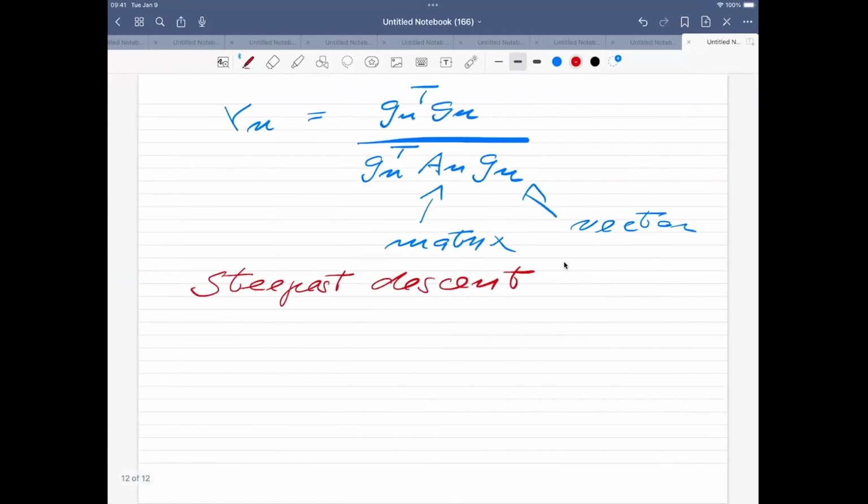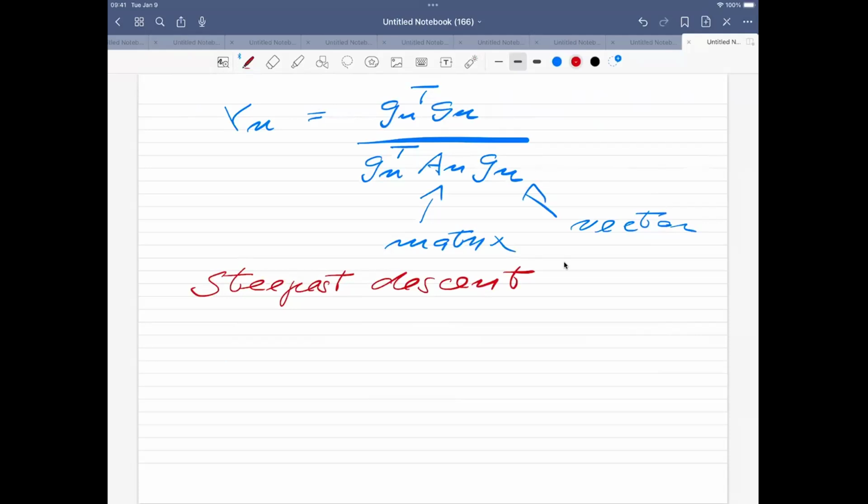The next method, which is a little bit more fancy, is called steepest descent. And this opens up a whole plethora of methods which deal with the optimization problem. But you see now that at the end, what we are going to do is simply to calculate these quantities gamma_n, either by setting them as a constant or trying to find an estimate of what the second derivative actually looks like.